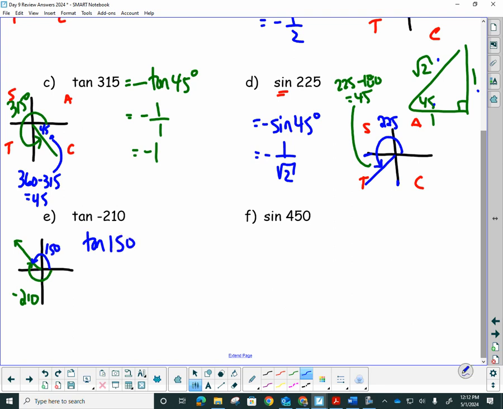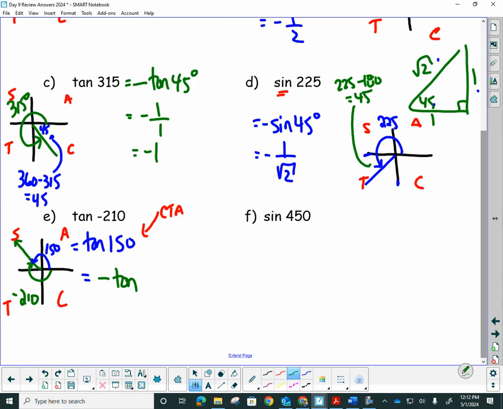That's the coterminal angle. But you don't necessarily have to write it as a coterminal angle. You can just say, you know what? I'm in the second quadrant. Tan is negative in that quadrant. So I can go straight to negative tan. And with that picture, I can still figure out the related acute angle.